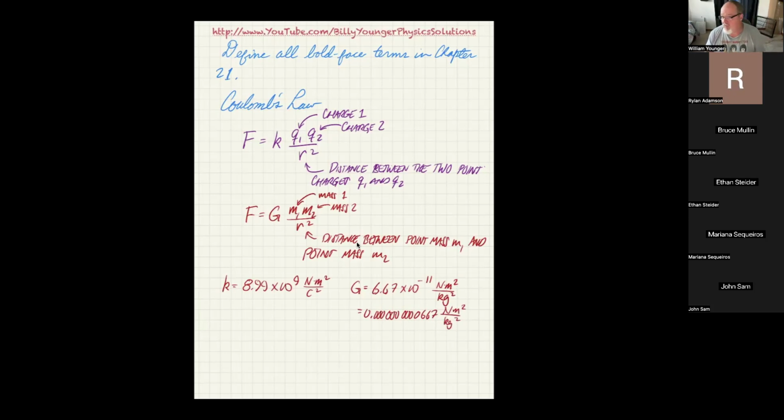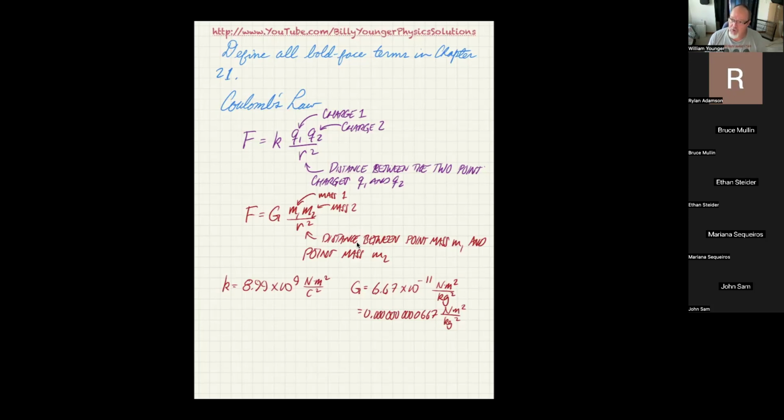In both cases, though, the force acts along the line connecting the two. And in both cases, the attractive force is obviously towards each other. But in the case of gravity, there's no repulsive force. In the case of electricity and magnetism, you can have a repulsive force or an attractive force. And what matters is if the two charges are both positive or both negative, it's going to be a repulsive force.